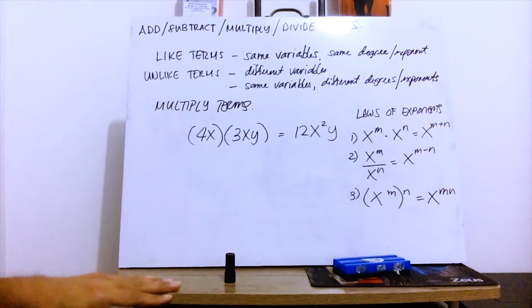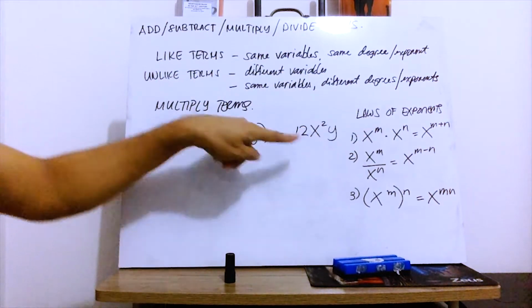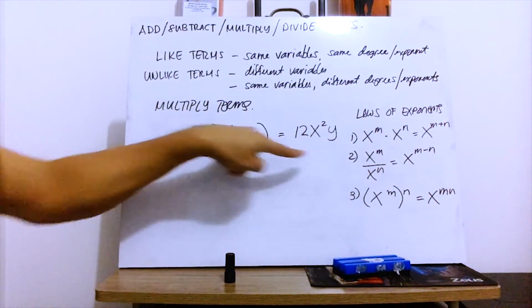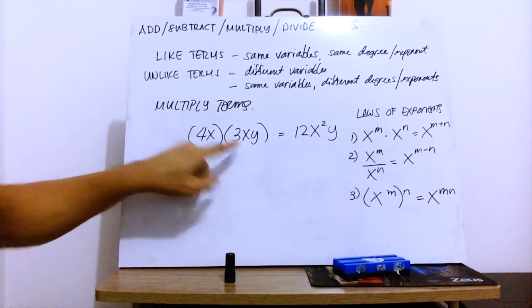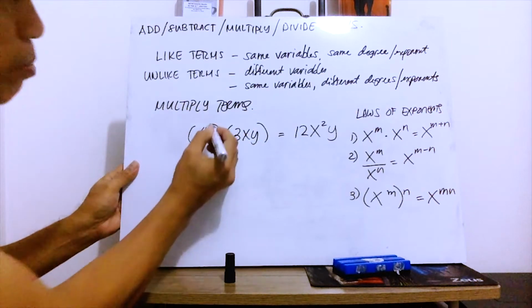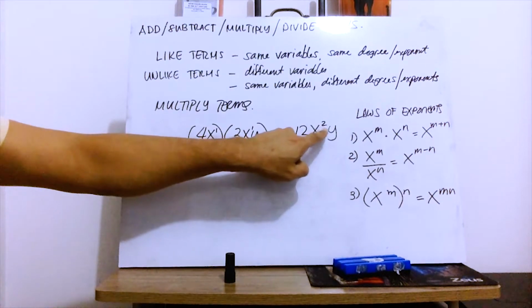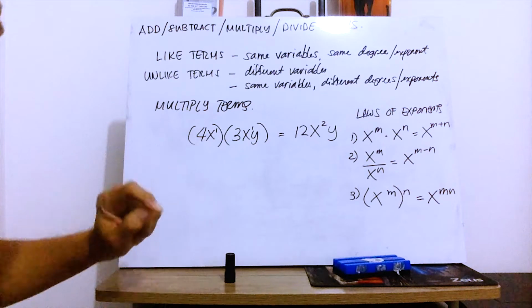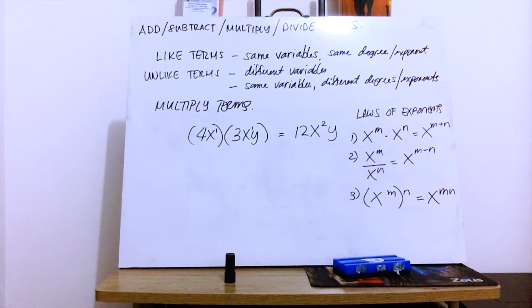That's it. Okay? So applying those laws here, this is what we got. So 4 times 3 first, that's 12. x times x. If you don't see an exponent, it means it's 1. 1 plus 1 is 2. First law. Okay? And then just copy the y. So you'll get 12x squared y.